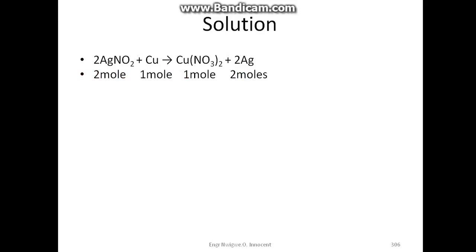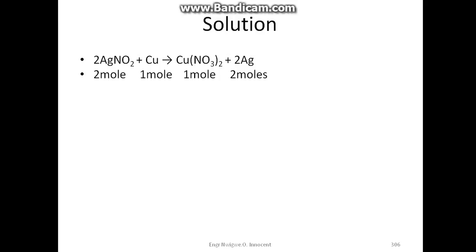Solution: 2 moles of silver nitrate react with 1 mole of copper to give 1 mole of copper nitrate, displacing 2 moles of silver. From the above equation, 1 mole of copper displaces 2 moles of silver.